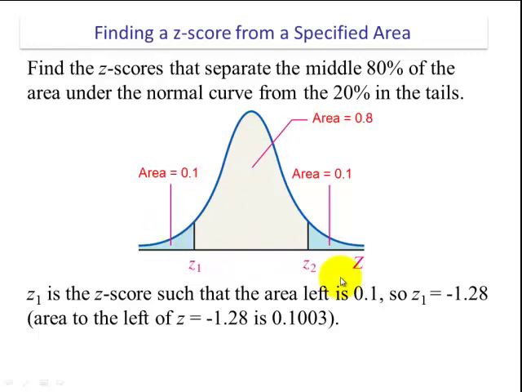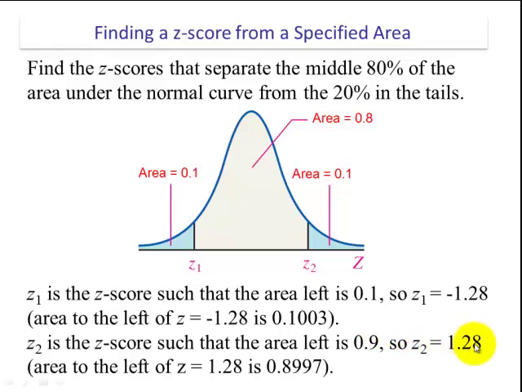So looking in the body of table 5, the closest thing to 0.9000 is the z-score 1.28. It actually has a probability of 0.8997. So to answer this question, the two z-scores that separate the middle 80% are z equals negative 1.28 and z equals positive 1.28.